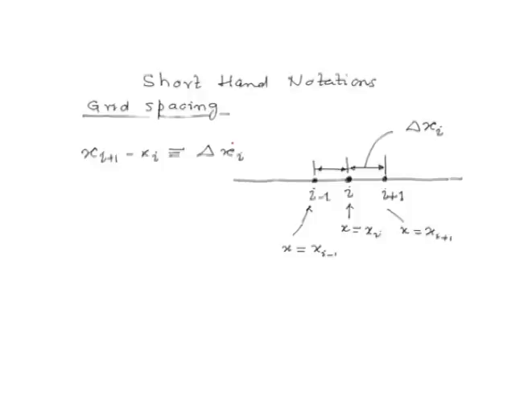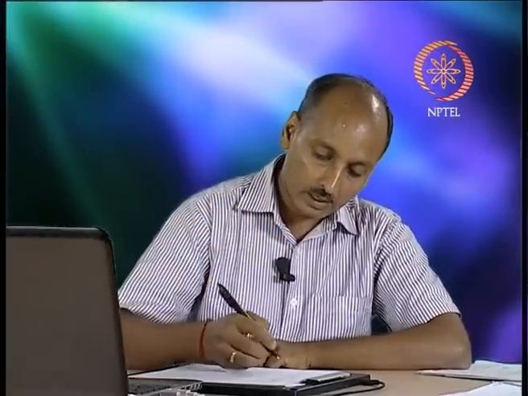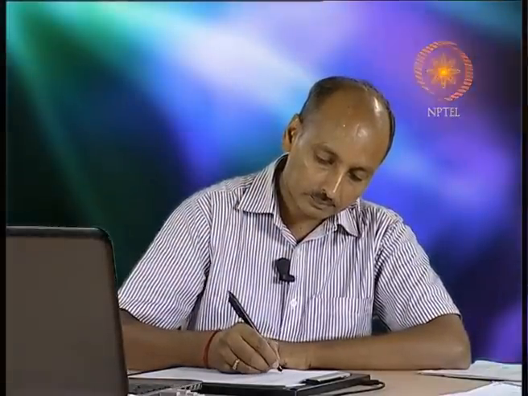Now, following this notation, the difference between the ith grid point and one to the left of it, that is x is equal to xi minus 1, that is our i minus 1th grid point, xi minus x of i minus 1, we will denote by delta x i minus 1. Similarly, the same convention we can extend in multi-dimensional space.